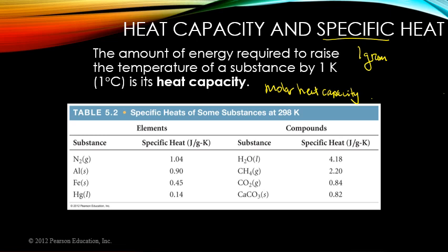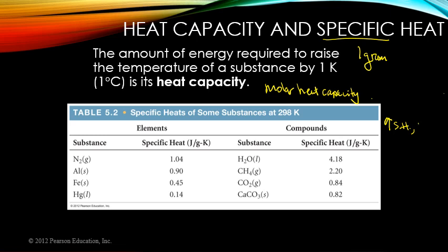So you have for this a table that's given to you. You have a specific heat constant for a number of different substances here. And again, a couple of relationship points. The larger the specific heat for a particular substance, the greater amount of energy it can absorb without changing the temperature.